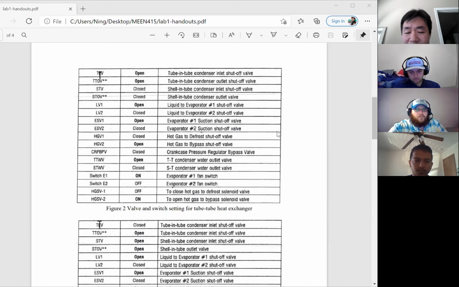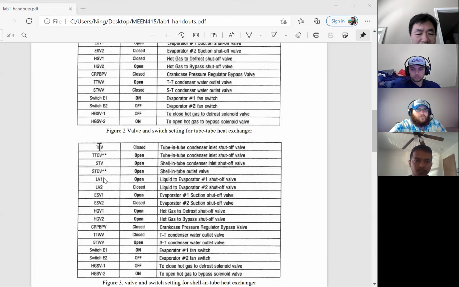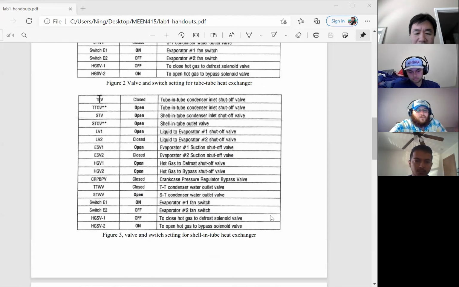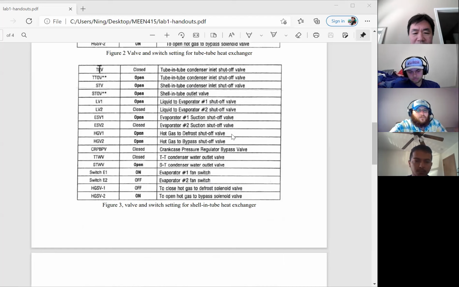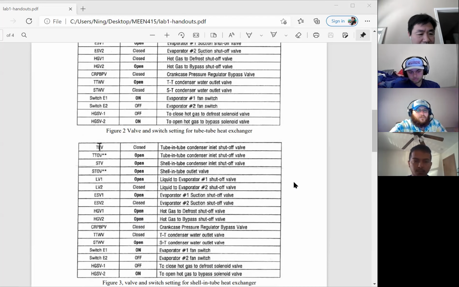So the operation will be totally different. When you set it up, you have to go through those valves. Each valve you have to open and close following the schedule, to make sure you go to the shell and tube or to the tube and tube heat exchanger. We're not running the air-cooled heat exchanger.